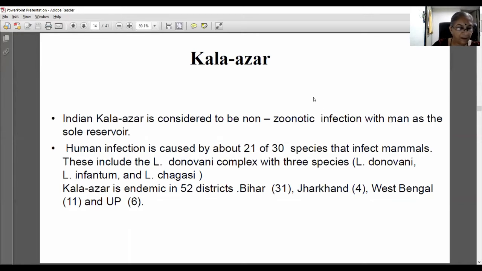This Indian Kala Azar usually affects young children.